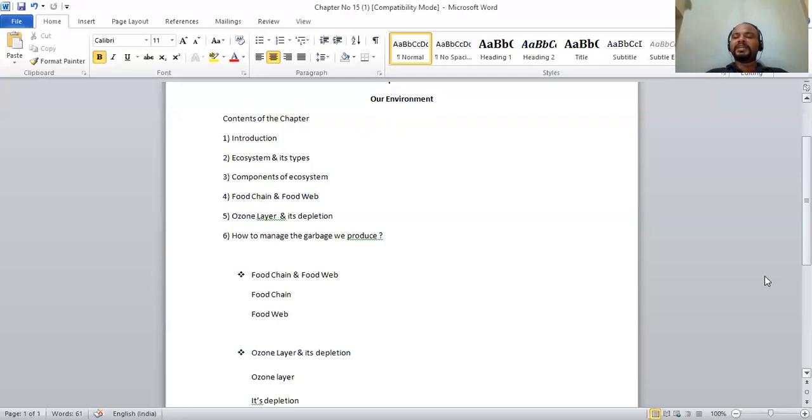When producers are eaten by herbivores, the energy gets transferred from producers to herbivores to some extent. And after that, when herbivores are eaten by carnivores, some amount of energy gets transferred to the carnivores. So here you are able to see that the energy gets transferred from one trophic level to the other. But the backward flow of energy in each trophic level is not possible.